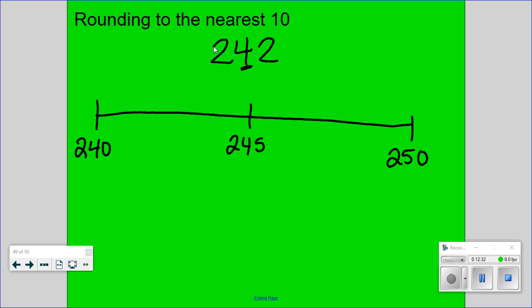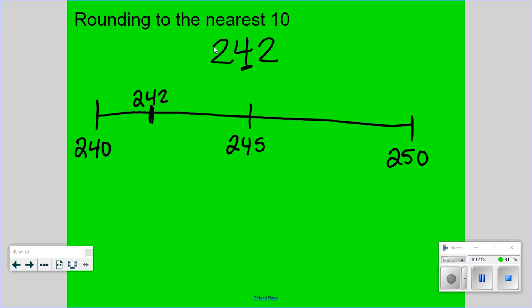Yeah, it is going to be kind of close. Is it going to be like right here? No. A little bit farther out? Yes. Remember, 242 is going to have another number in between before we get to 240. We have 241. But I agree, I would put it about there.